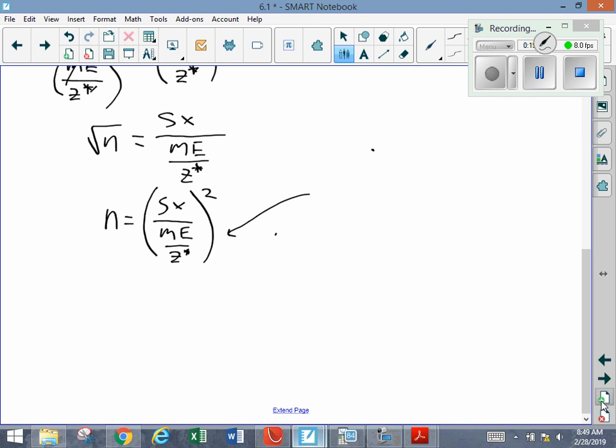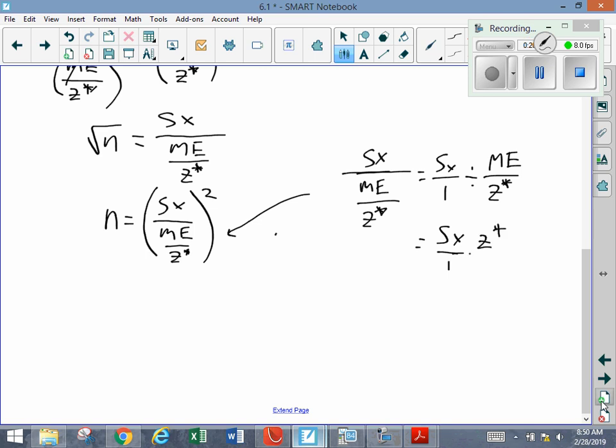So let's just leave that. It's the same thing as my standard deviation over 1 divided by my margin of error over z star. I'll flip and multiply, times critical value divided by margin of error.